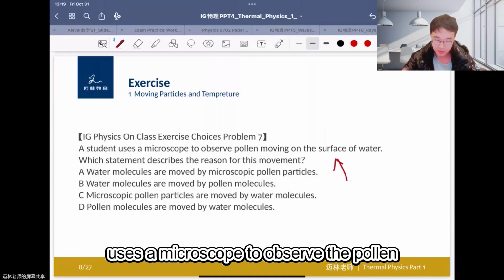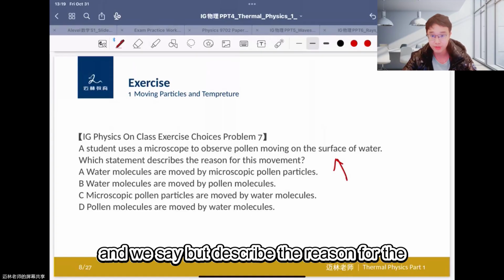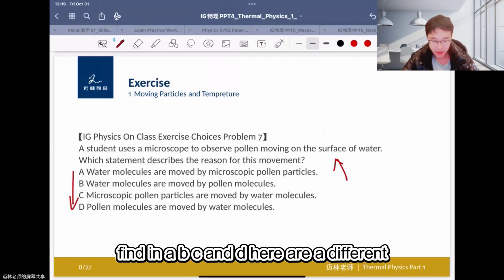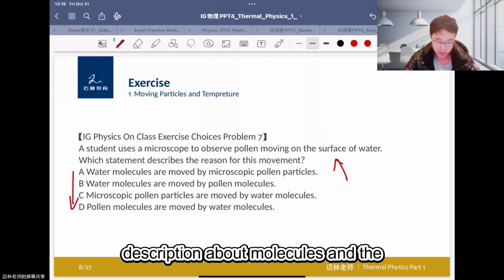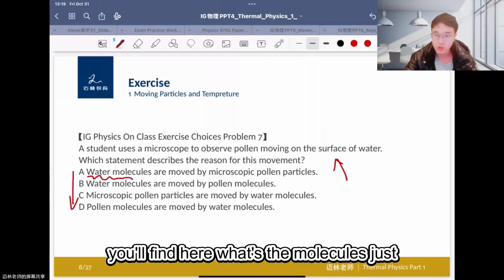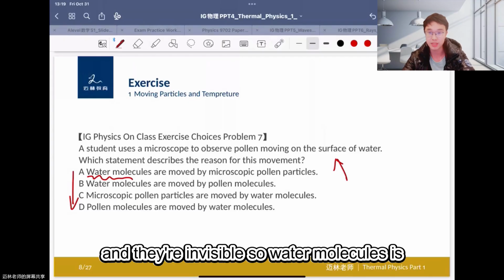A student uses a microscope to observe the pollen moving on the surface of the water, right? And we describe the reason for the movement. First, in A, B, C, and D, there are different descriptions about molecules and particles. For water molecules, we said they are invisible, so water molecules is correct.